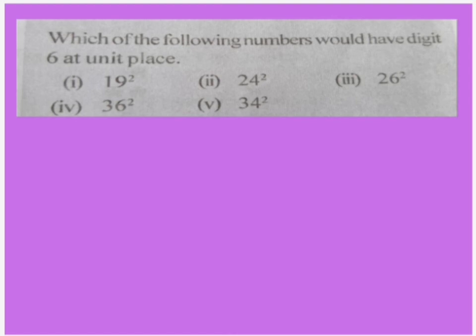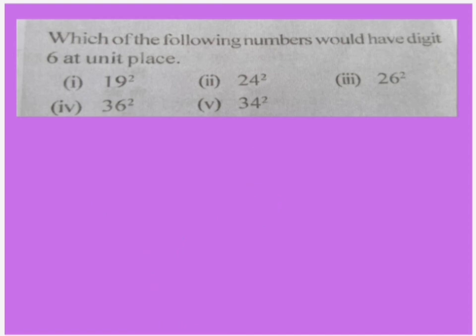Which of the following numbers would have digit 6 at the unit place? Just recall the second property. If you have 4 or 6 in the unit place of the number, after squaring you are always going to get 6 in the unit place of that square number.